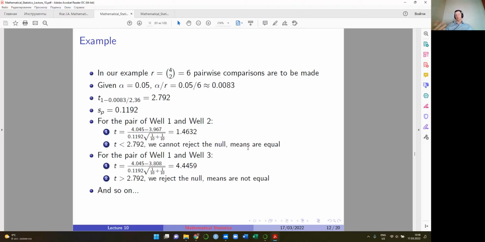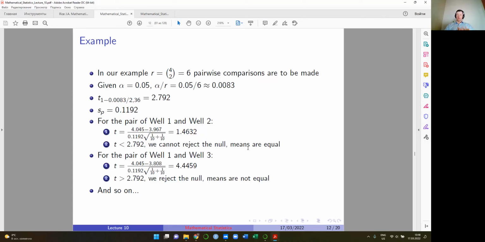Those may be, like in this example, different technologies used to extract oil, different levels of drug, different amount of time spent with the home assignments, and as a result, different, let's say, grades obtained in statistics scores. So anything. So the idea is that every group somehow qualitatively differs from the other group.